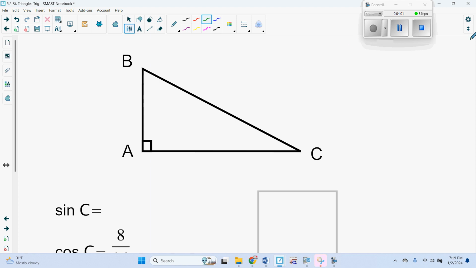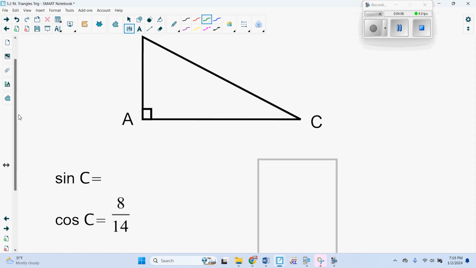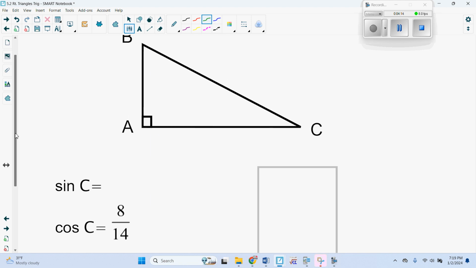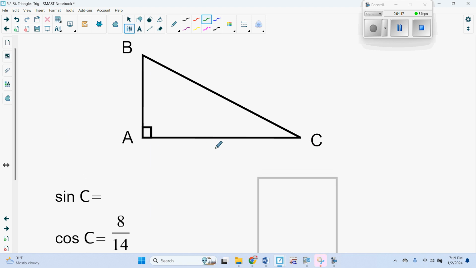Now, let's say we are given a triangle and they tell us that the cosine of C is 8 over 14. So that means for angle C, the adjacent side is 8 and the hypotenuse is 14. One of the things we'll start to talk about as we do more of these is that we use capital letters to signify the angles of a triangle, and we use lowercase letters to signify sides.